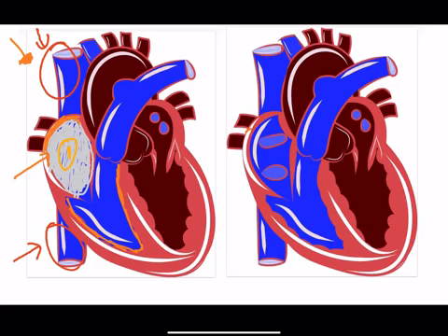The deoxygenated blood will get pumped from the right atrium and into the right ventricle via this tricuspid valve. That means that now the right ventricle is the chamber that's full of the deoxygenated blood, and we're going to label that as step 2.